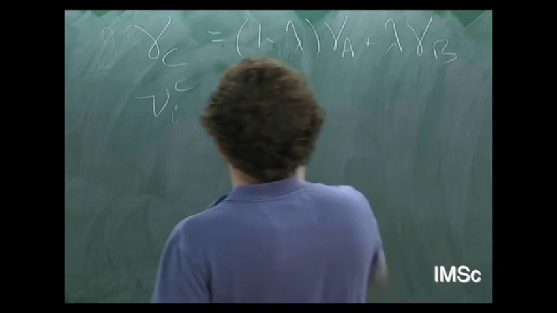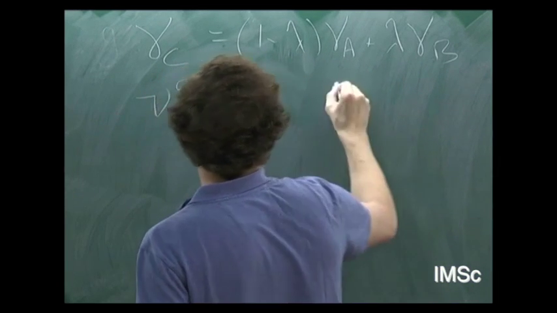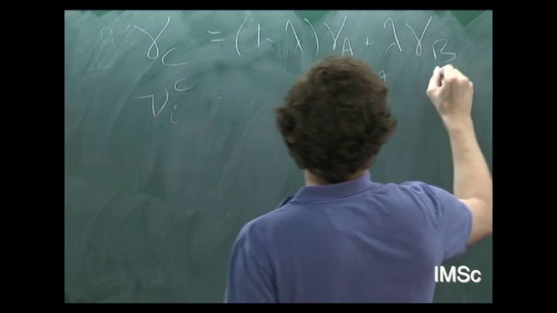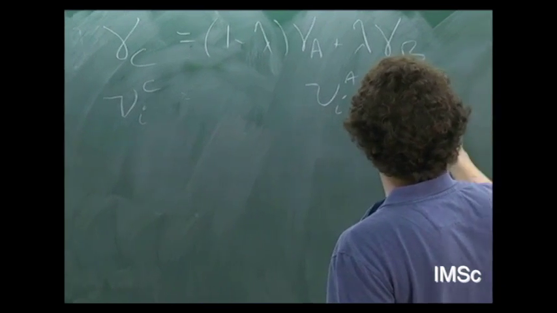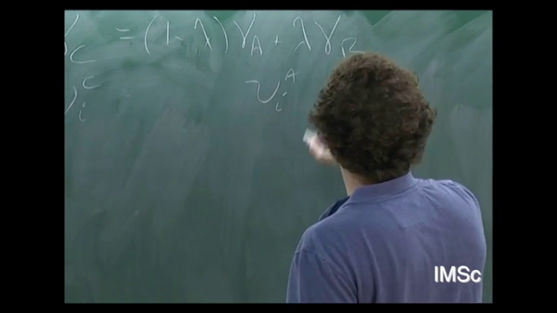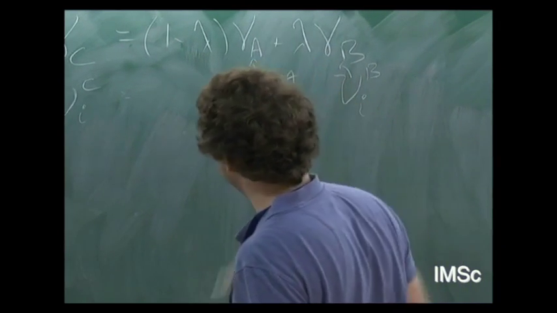So gamma of C are the symplectic eigenvalues of this, these are the gamma of A, or nu of A, and these nu of B are the symplectic eigenvalues of this guy.